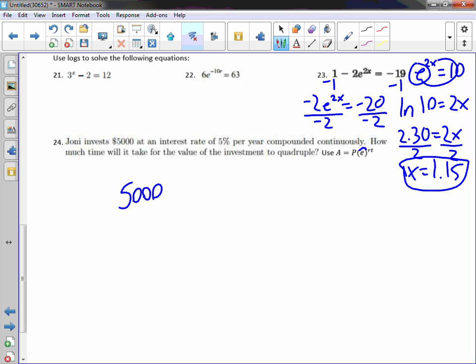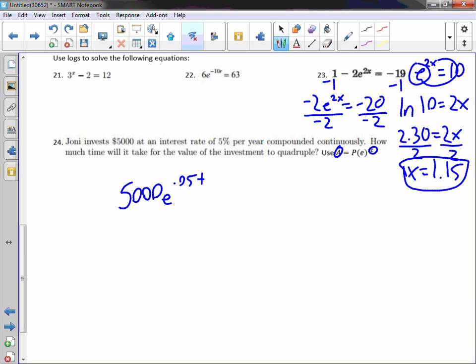E is, well, e. We know that e is approximately 2.72, but our calculator does that part for us. R is our growth factor or decay factor. So 5%, we move the decimal over twice, we get 0.05 when we get rid of the percent. So 0.05 t. T is time, and A is our final value.